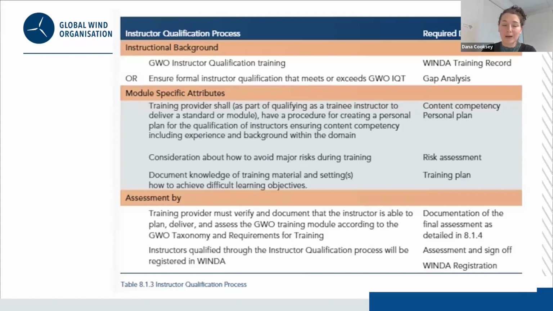So we've allowed some flexibility here, again, to allow for not being hindered by a bottleneck where you have to have an instructor from that module from another training provider. So you still could use an internal auditor. You still could use that auditor that has the IQT qualification or instructional background.